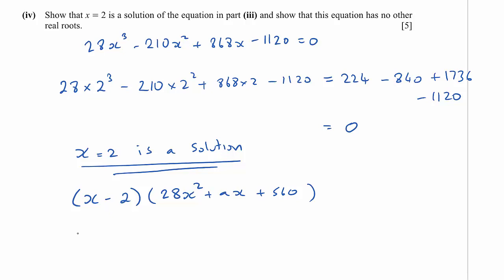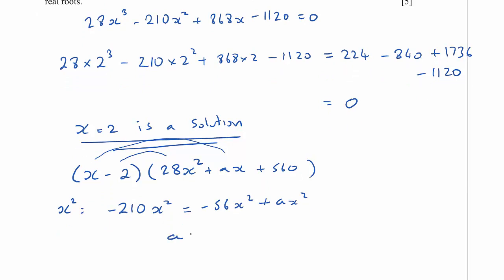But we can compare coefficients, so we could compare x squared. So negative 210x squared would be equal to, what's going to give us an x squared here? So we've got negative 56x squared plus ax squared.